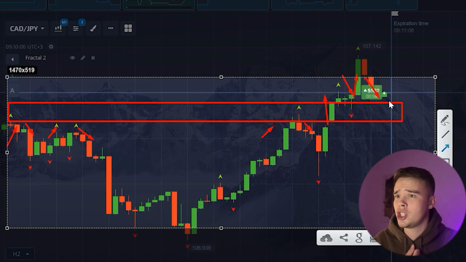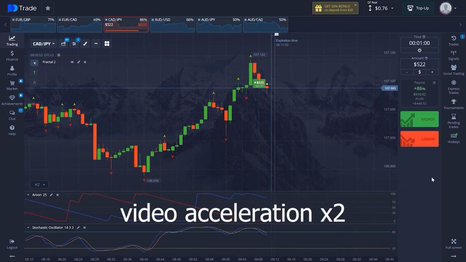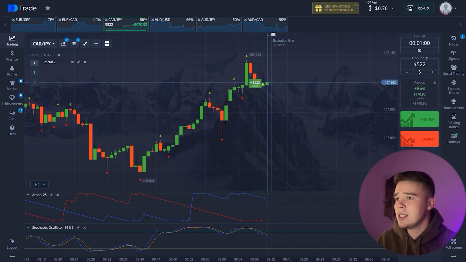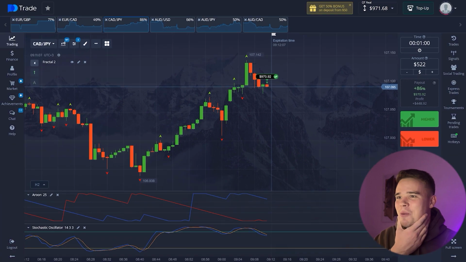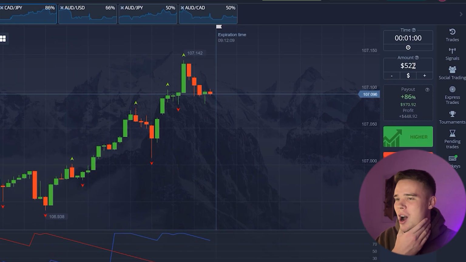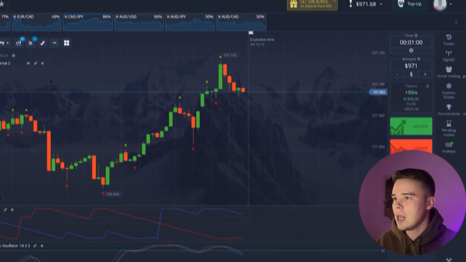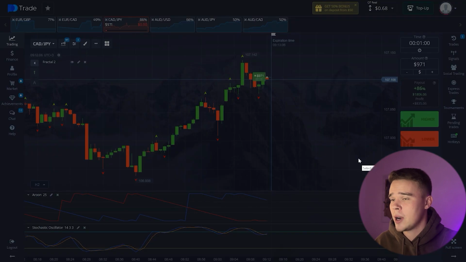Let's see what's happening. And I see a slight rise in the candle. And bingo! This time the profit is 448. That's very good.